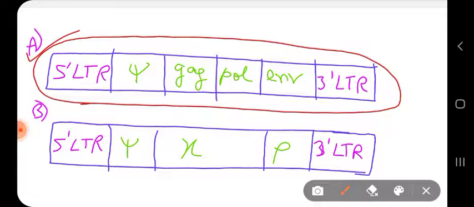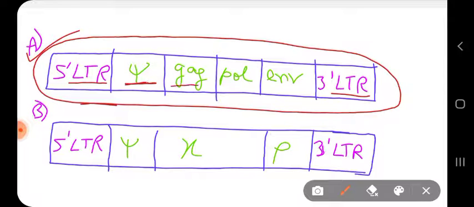Okay, whereas the LTR that you can see here is the long terminal repeat sequence. The Psi gene, within the retrovirus, is responsible for the packaging signal sequence.